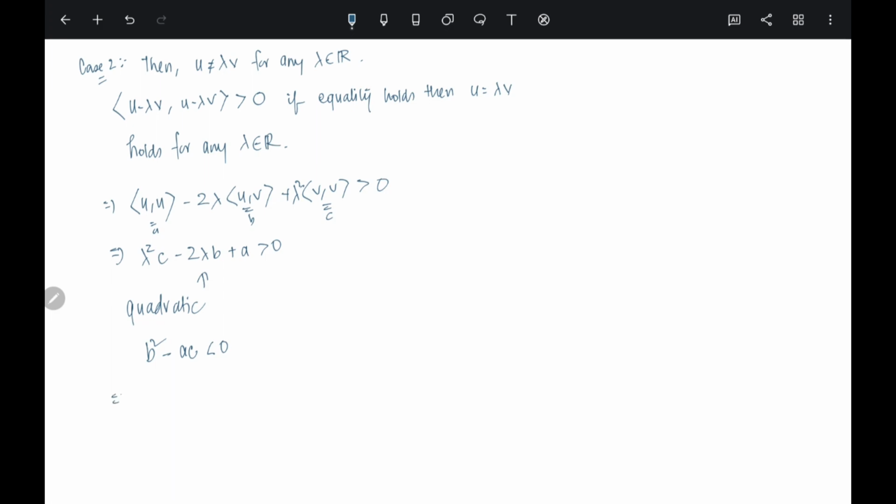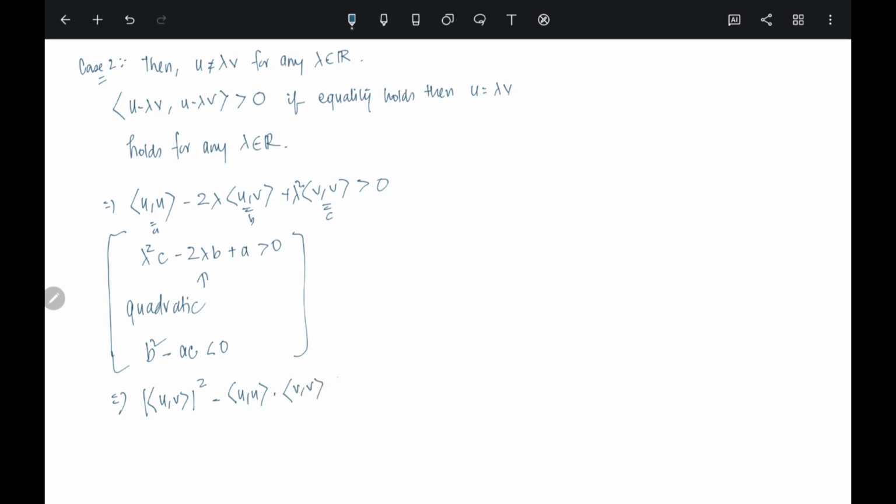Okay, what does that mean? What is B here? Let me write it this way. B is nothing but the inner product of U and V, the square of that, minus A, which is U inner product with U, times C, which is V inner product with itself.